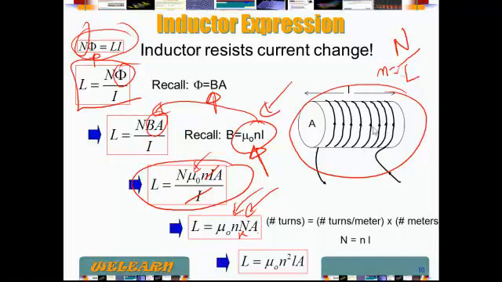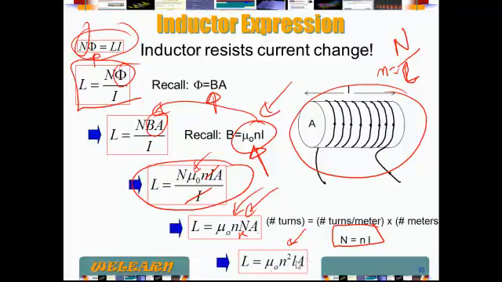So if we try to get rid of having two expressions like that, and if we call the length of the solenoid small l, we can write this expression and plug it in here, then the expression becomes mu 0 n squared, length of the solenoid, A. Remember, lowercase n means the number of loops per unit length.